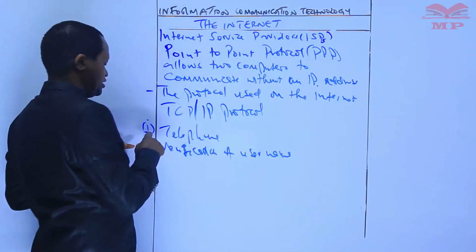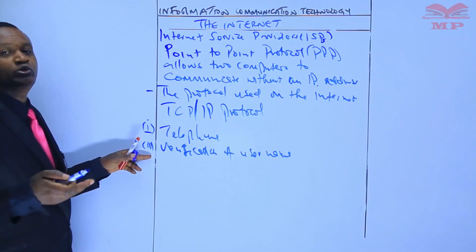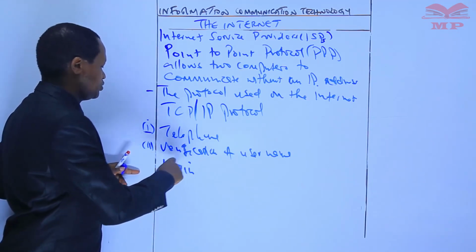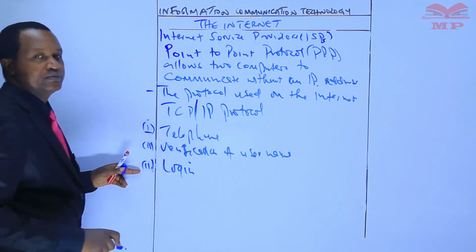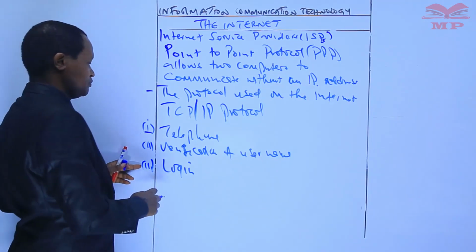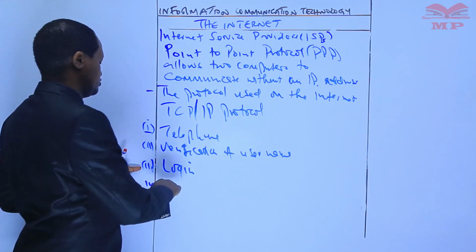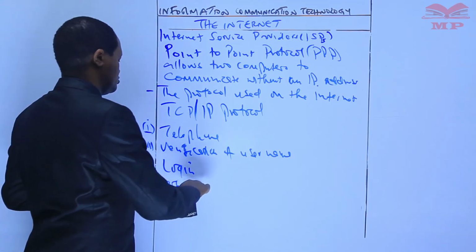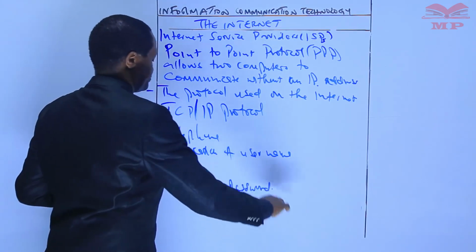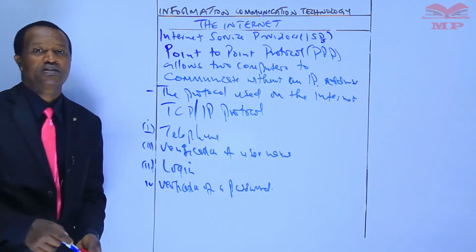You can't get onto the internet without verification of a username. Then there is also login. One has to log in, and also the verification of a password. So do you understand, candidates?